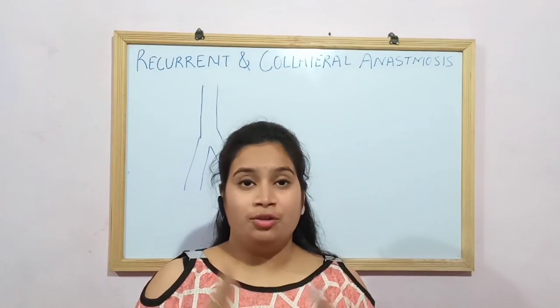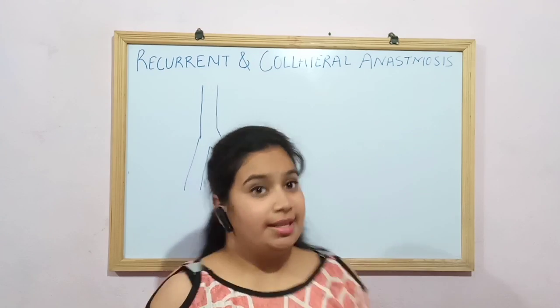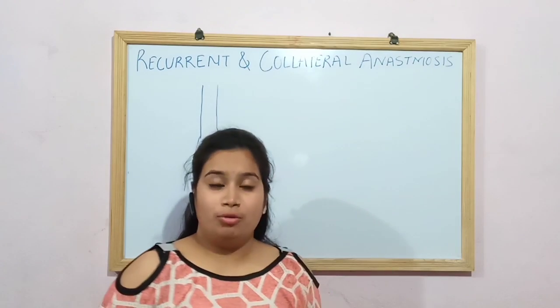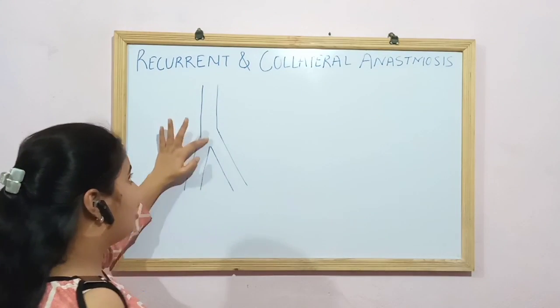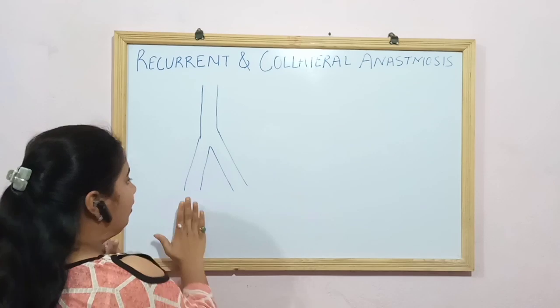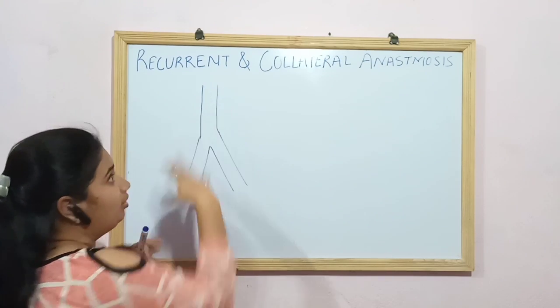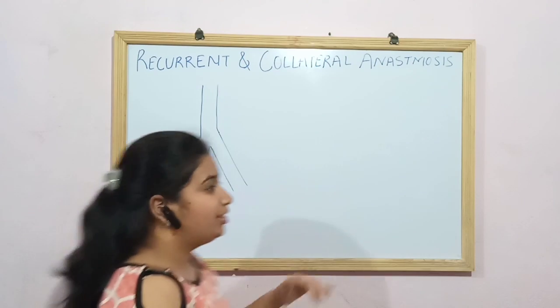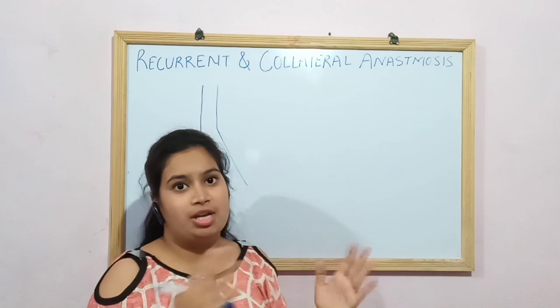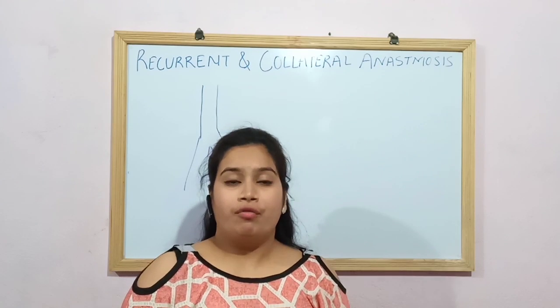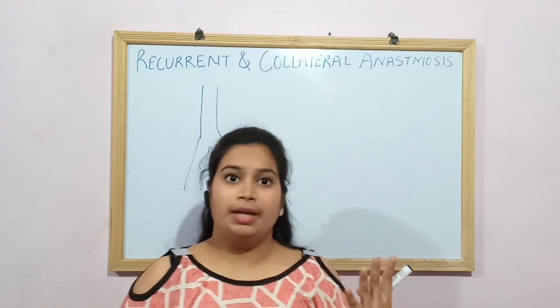Now we are at the very important heading, that is recurrent and collateral anastomosis of the elbow joint. Guys, this is the brachial artery bifurcating into two, the radial artery and the ulnar artery. For the anastomosis, we need four collateral arteries and four recurrent arteries.